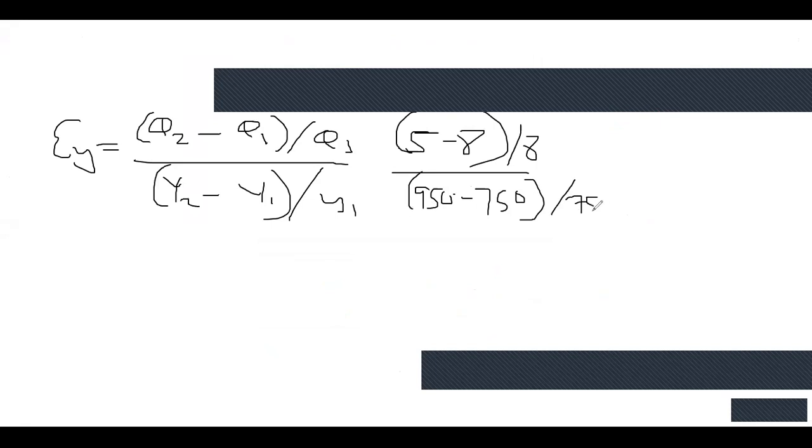What are you getting? Negative 3 over 8, and here we have 200 over 750. So what are you getting there?